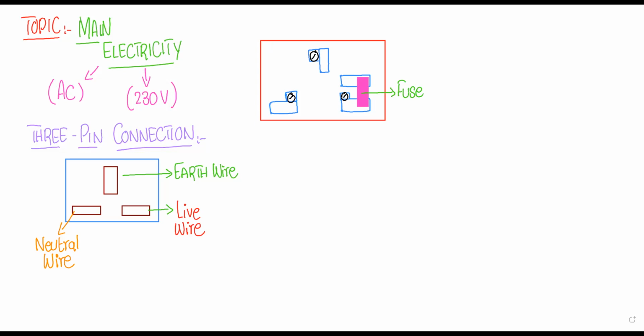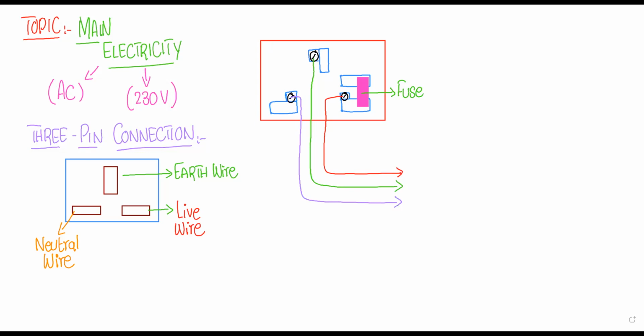So wires will be connected like this. Live wire is connected on the right hand side, and the earth wire is connected in the middle, and the third one is connected over here, right?